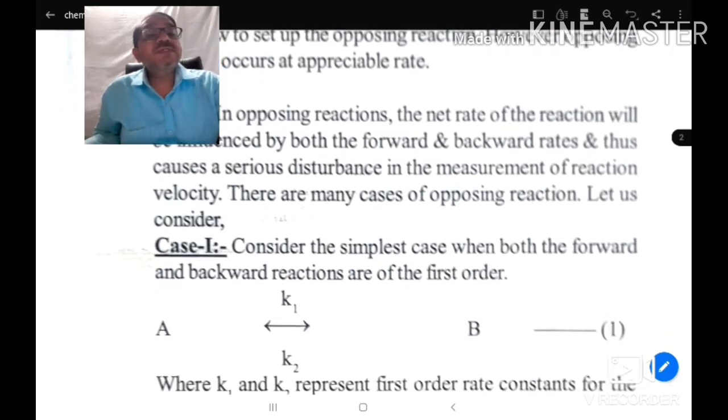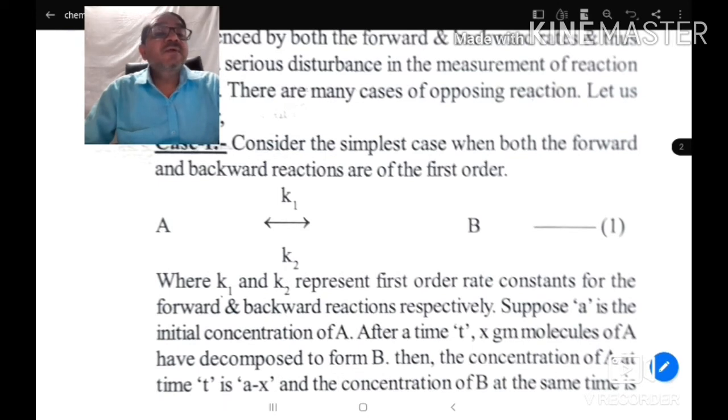In the first case, consider the simplest case when both the forward and backward reactions are of the first order. The general example is A and B: A is converted into B, or B is converted into A. For the conversion of A into B the rate constant is K1, and for B into A it is K2.